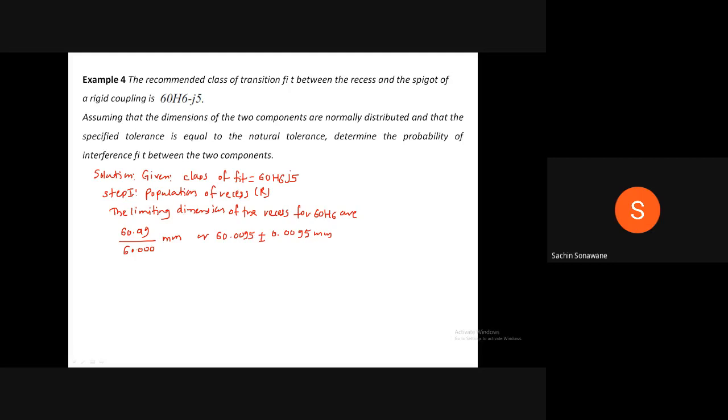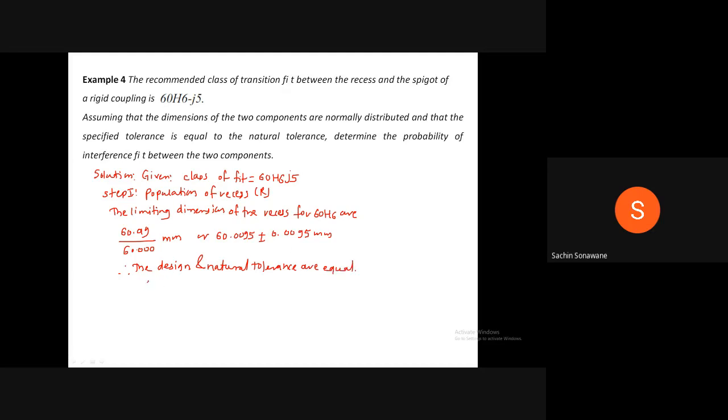Therefore, the design and natural tolerance are equal.